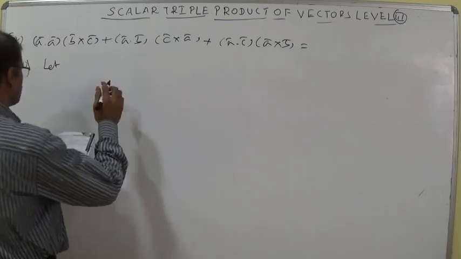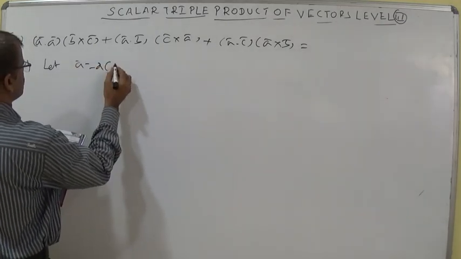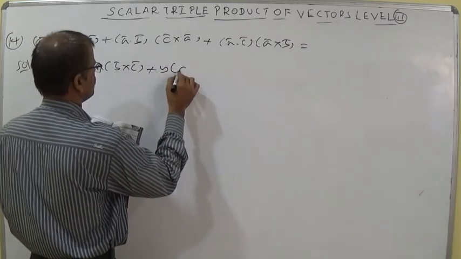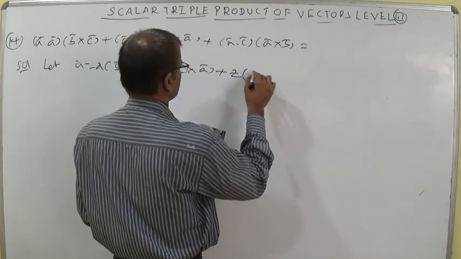According to cross product, let A bar equal x into B cross C plus y into C cross A plus z into A cross B.